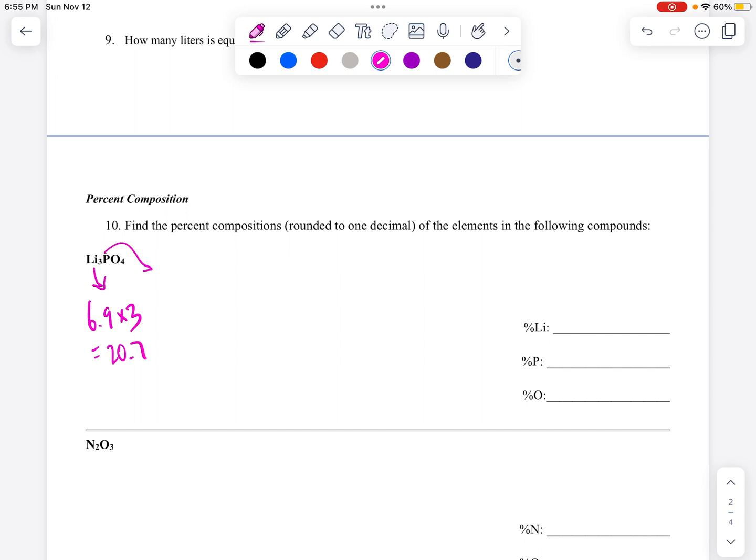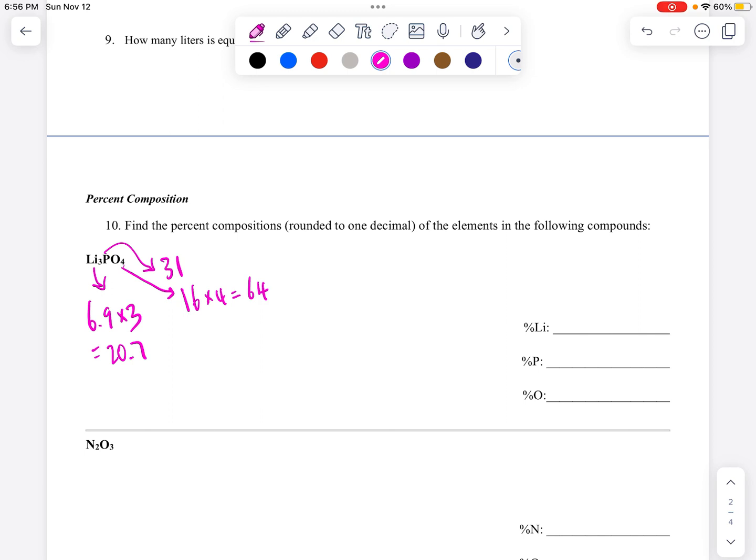Now, what about for phosphorus here? Each phosphorus is approximately 31, okay? I know I've rounded up a little bit, but that's okay because that's very, very close to 31, right? Okay, now for oxygen, each one is 16, but there's 4. Okay, so that gives me 64.